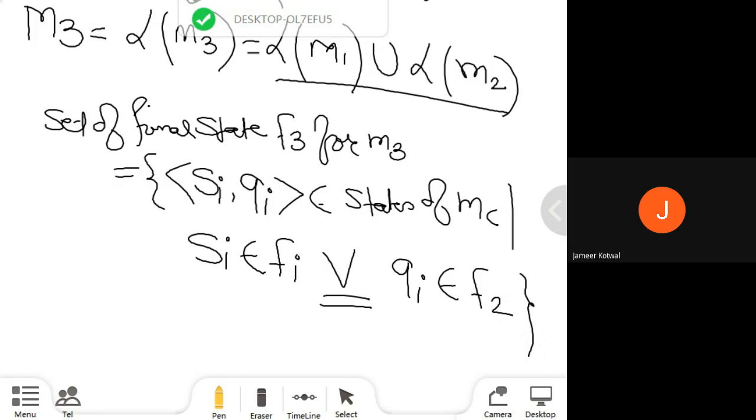So how have you represented it? If any one of the states from machine M1 or from machine M2 combines with the other state, which is a non-final state, that state you are going to consider as a final state.